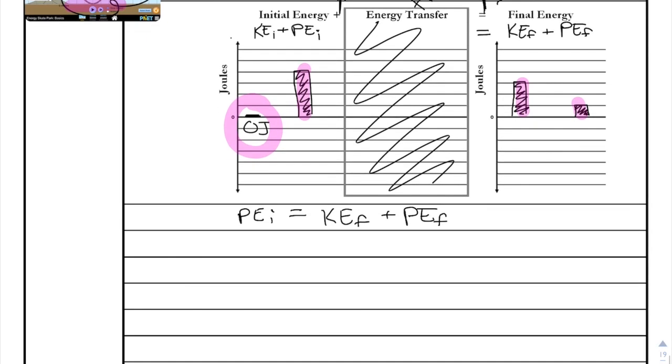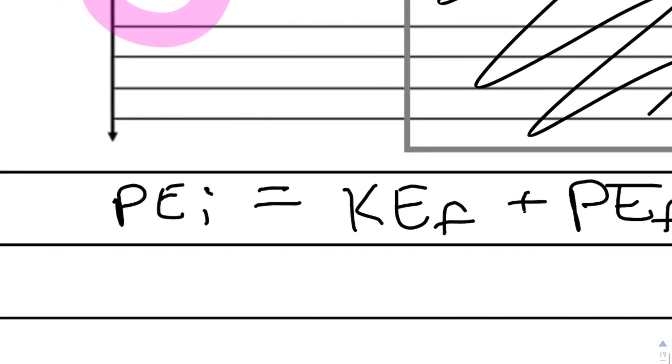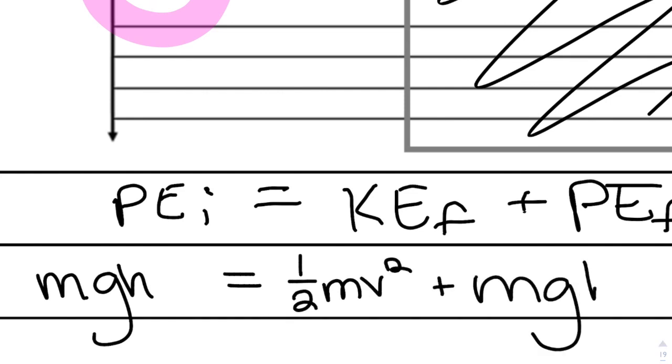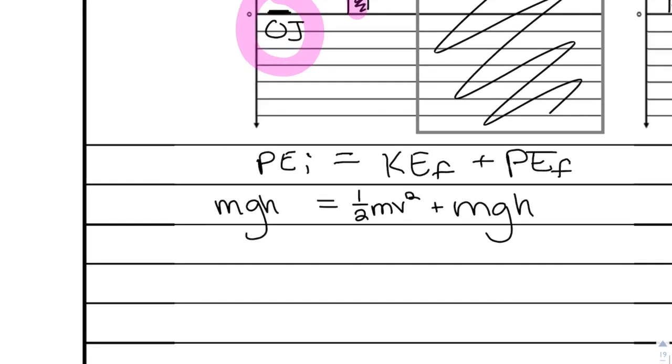All right, and so now since I don't actually know those values, I'm going to go ahead and substitute in our equations. So we know potential energy is mass times gravity times height, and we know kinetic energy is 1/2 mass velocity squared, and potential energy is mass times gravity times height, okay?